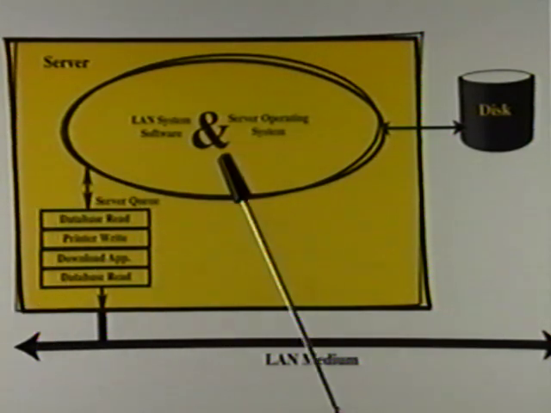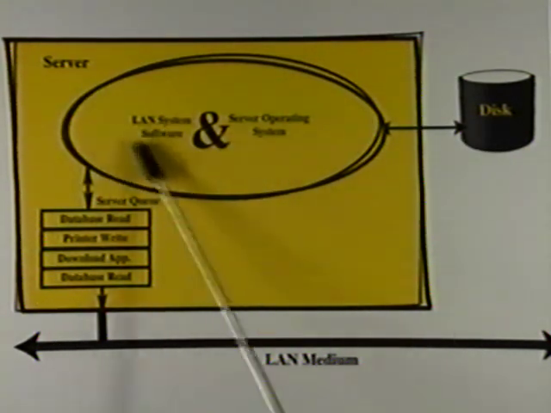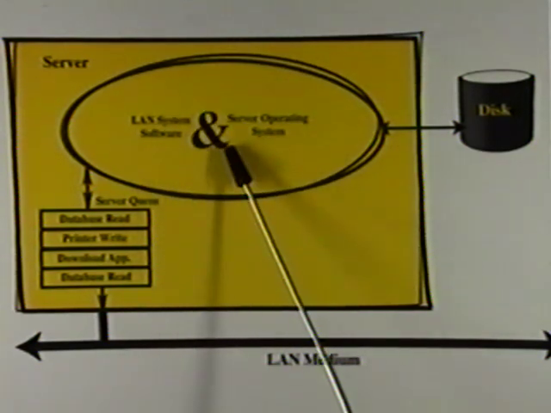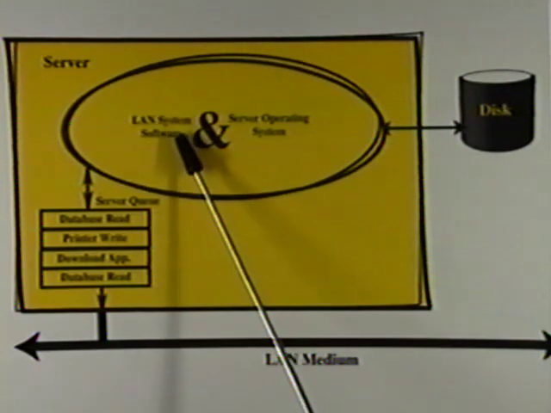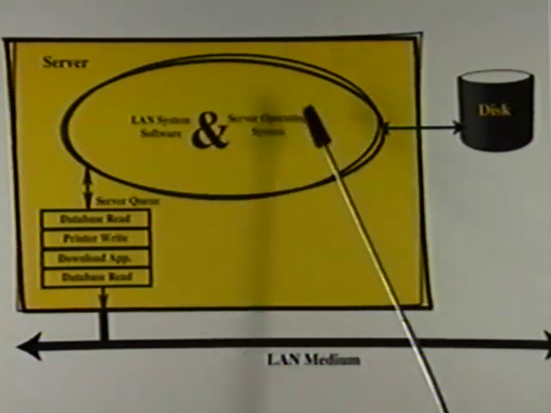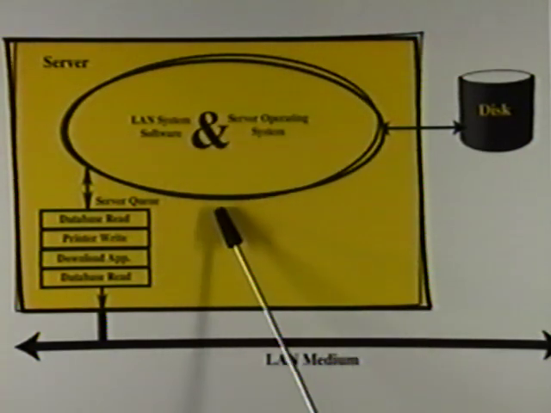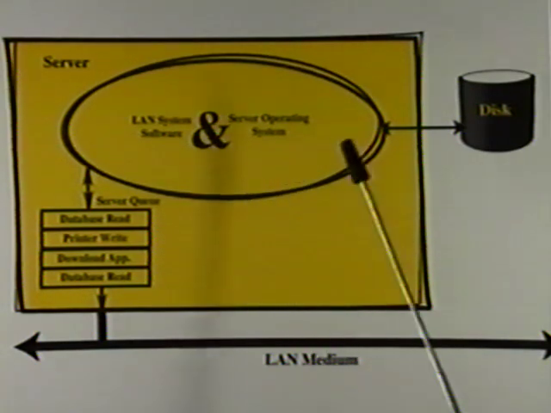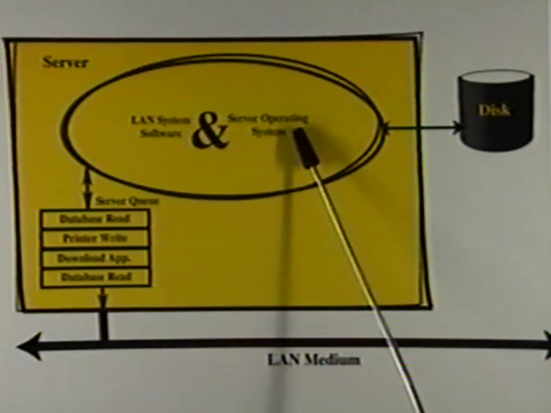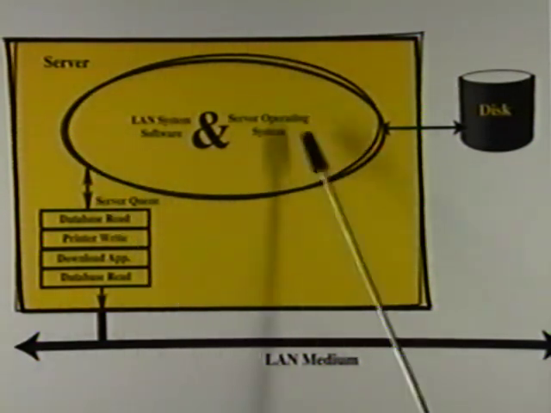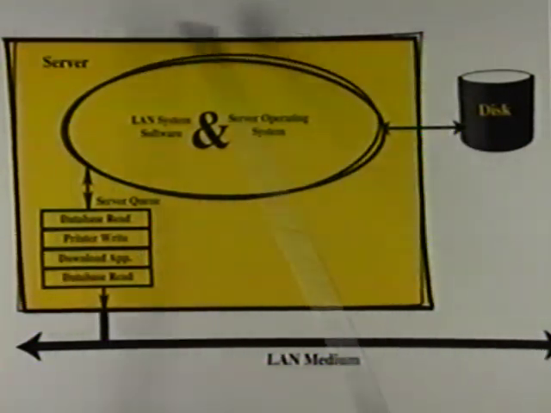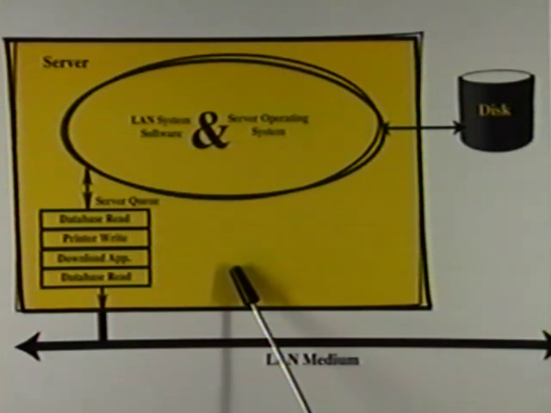The advantages of this are that you can optimize both sets of software for the local area network. In other words, the LAN system software is already optimized, but the server operating system software can now be optimized because it's a given that this is going to be used on a local area network. Additionally, this operating system many times is just the same type of operating system that you'll find on a workstation. In this case now, the operating system can actually be custom tailored to reside and be used on the server.